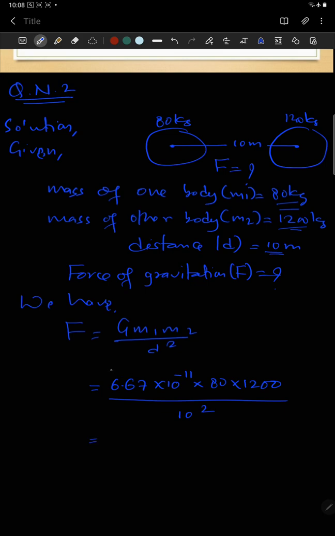So I'm going to do the calculation, upper one, let's check. So 6.67 into 10 to the power minus 11 into 80 into 1200.